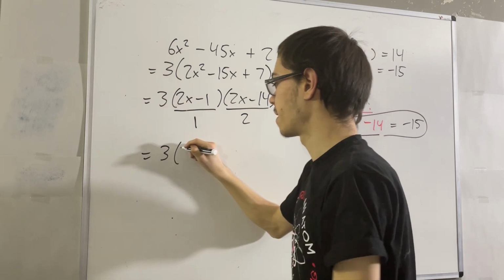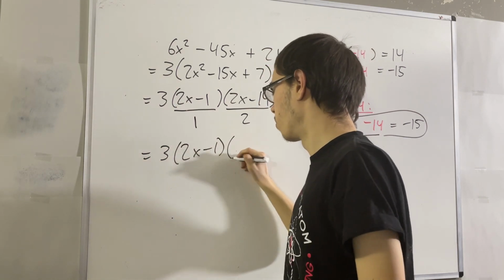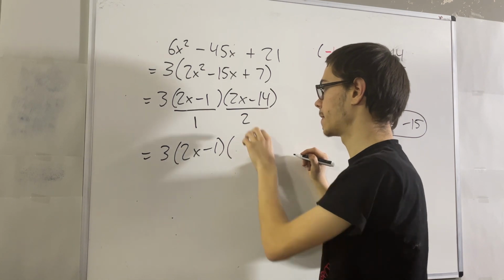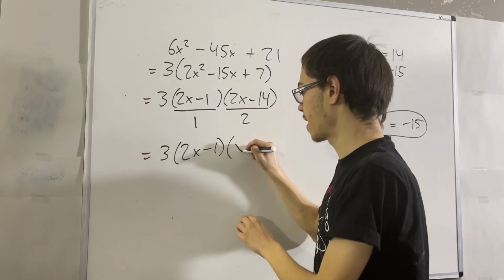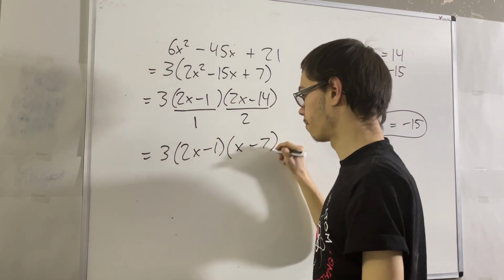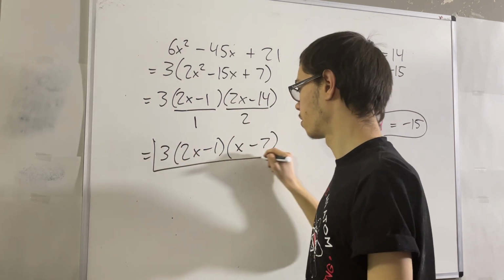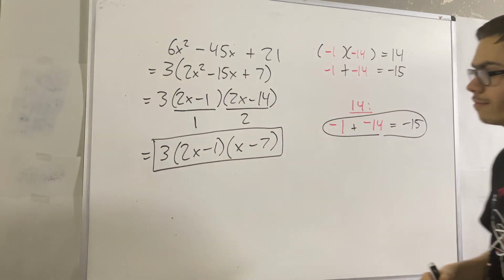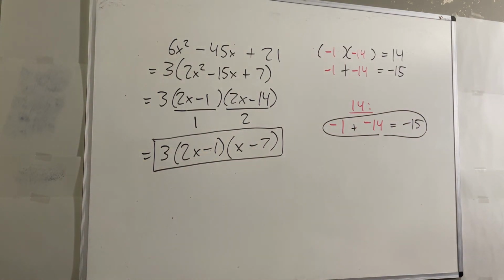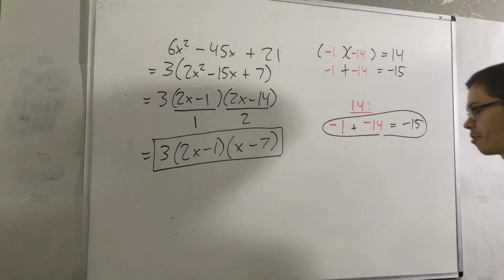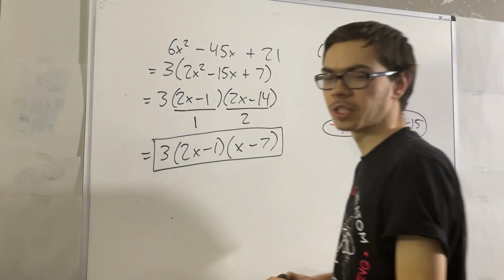Of course, the 2x minus 1 doesn't change, but the 2x minus 14 becomes, in this case, 2x over 2 is just x, minus 14 divided by 2 is minus 7. And so that's the result. So as you can see, it's slightly different, but it's not much different. It just has a little bit of a tweak in how you do it. That's really all it is.